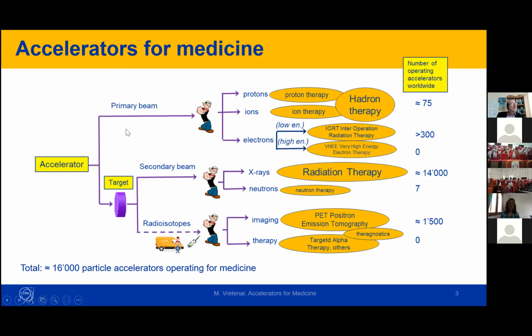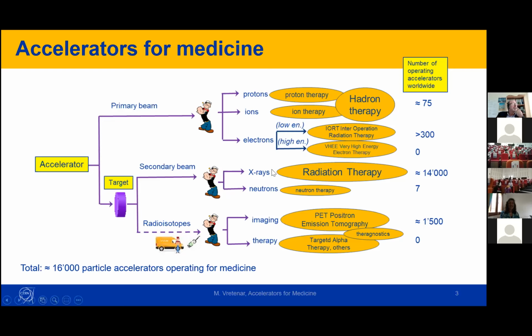But you can also send something different onto a patient, because we have seen in my first lecture that accelerators can be used to produce secondary beams. So if you send the beam onto a target, which is just a block of metal, of a particular metal, the energy of the particles is converted, for example, into X-rays.